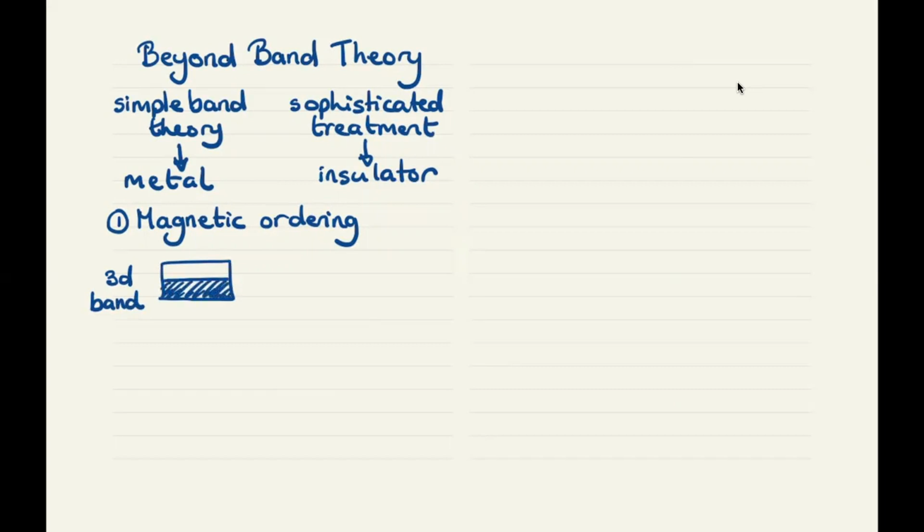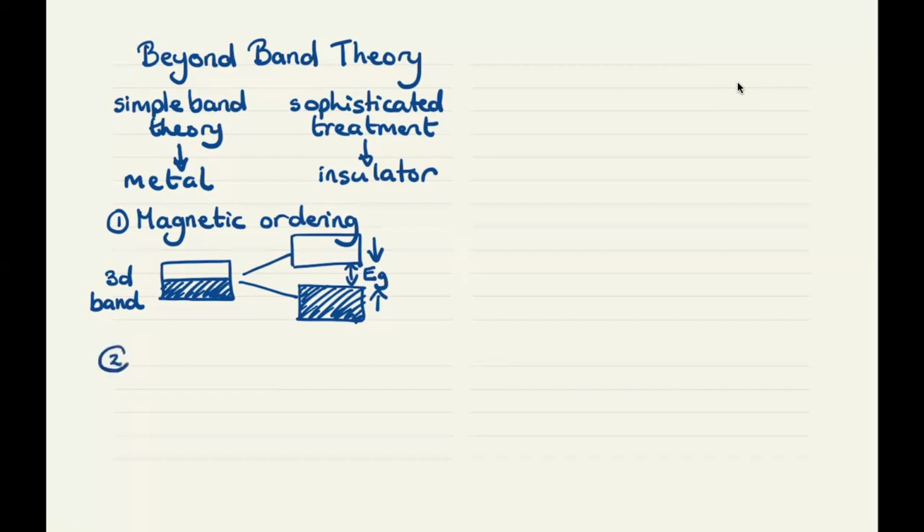But once we consider the magnetic ordering, then we have a band for upspin electrons and a band for downspin electrons, which are separated by the exchange interaction. And the upspin band would be filled and the downspin band empty, separated by a band gap. So here, the simplest possible band theory that doesn't take into account that the electrons are magnetic would give us a metal, but a more sophisticated treatment that accounts for the magnetic exchange gives us an insulator.